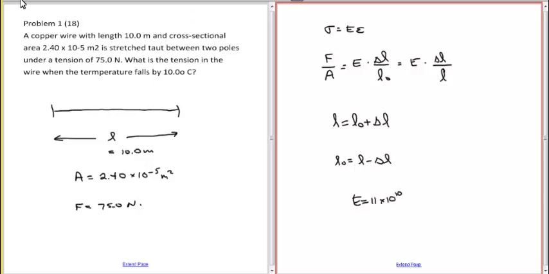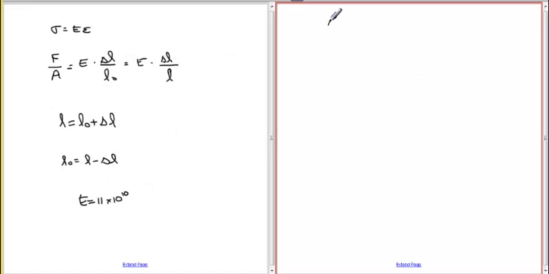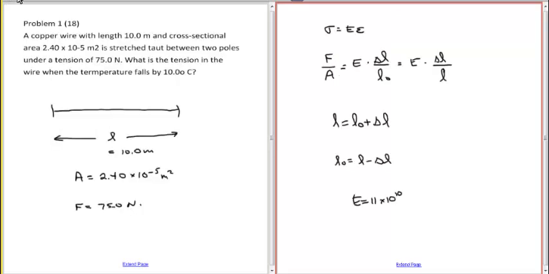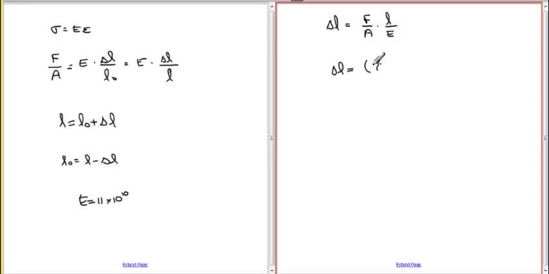So now let's solve for delta L. So delta L is force per unit area. So what I'm going to do is divide by this, multiply that by that. So I'm going to multiply by L, divide by E, and that should give me the number I'm looking for. So my force, I had 75 newtons as the tension.